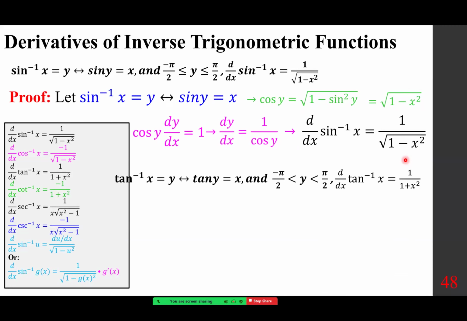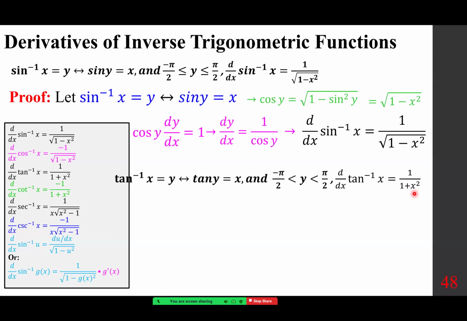What about tan inverse? We know tan inverse of x is y, means tan of y equals x. Tan follows sine. In essence, the endpoints are not included because remember, those are the vertical asymptotes for y equals tan x. And so the derivative of tan inverse is 1 over 1 plus x squared.